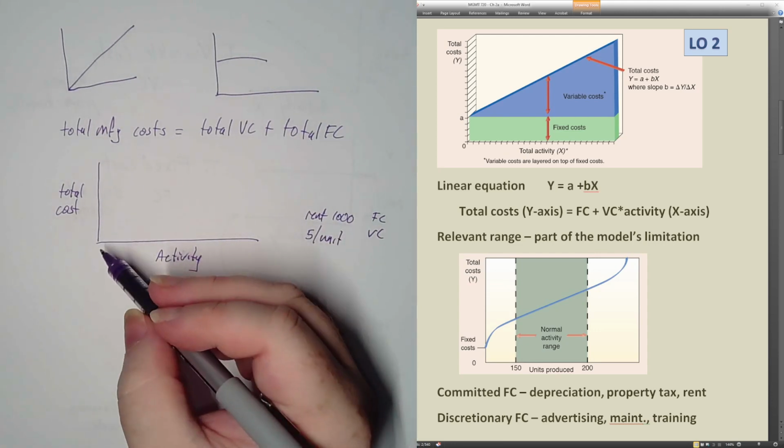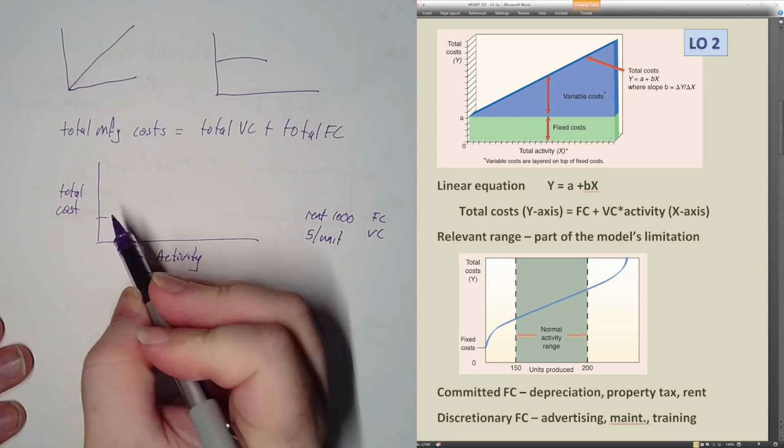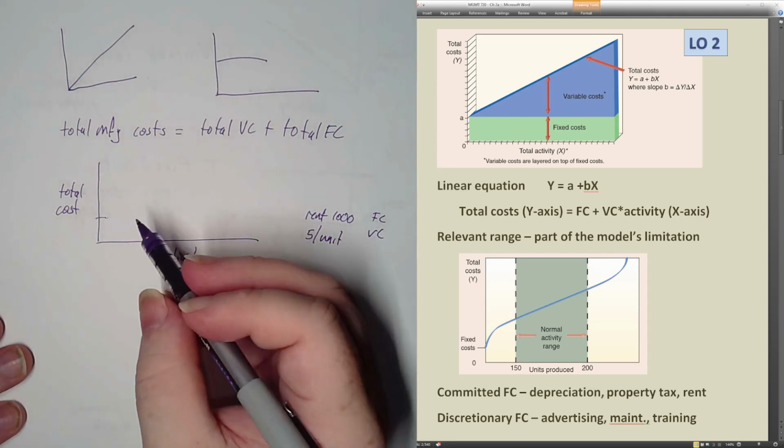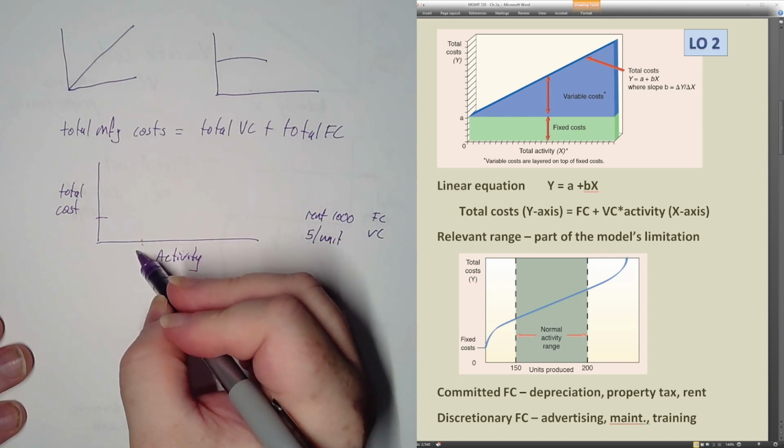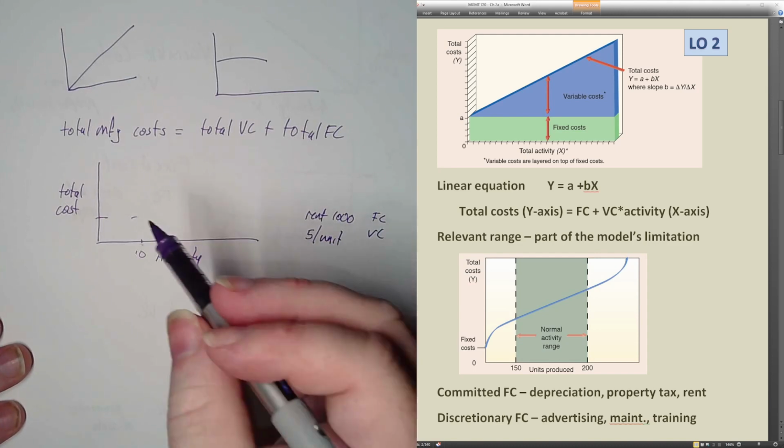So if I'm producing 0 units, I'm still going to have the fixed cost. If I'm producing 10 units, I'm going to have the fixed cost plus 5 times 10.